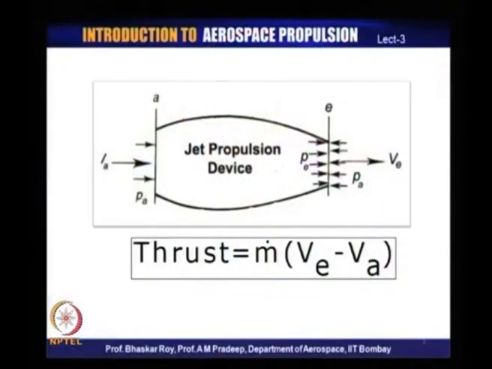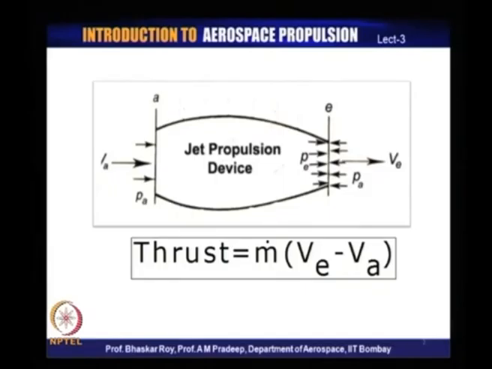Now, as you can see in this picture, the flow goes out with a certain pressure, which is more specifically a static pressure, and this pressure, let us call it P e, the exit pressure, may be equivalent to or different from the pressure existing outside in the atmosphere, which we refer to as P a.